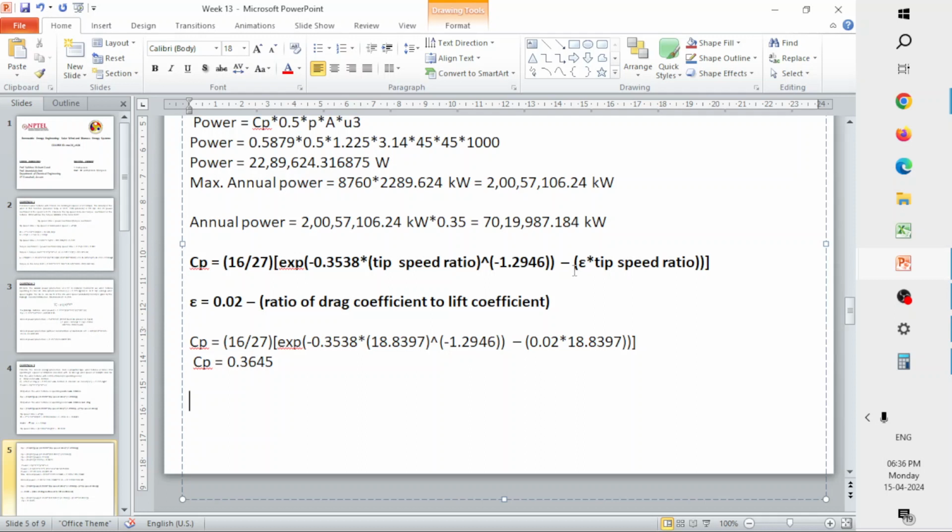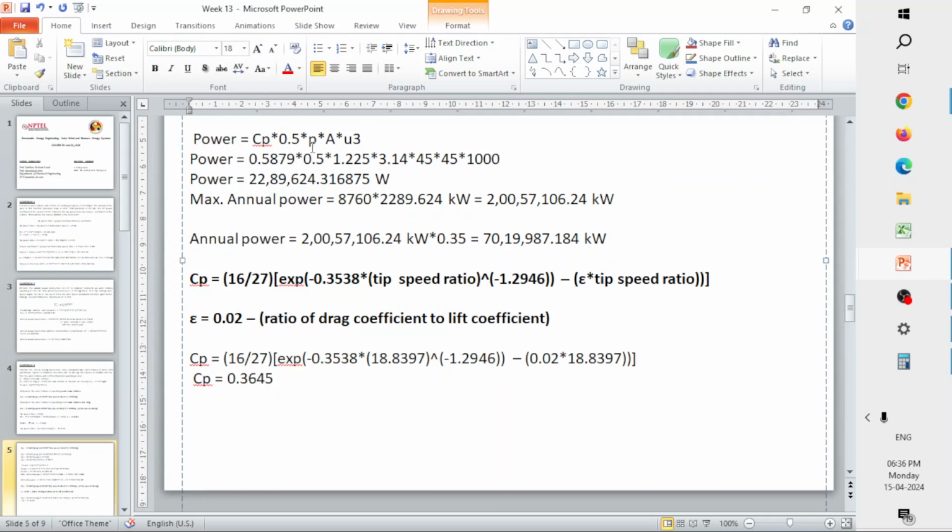Now same procedure, it's just that you need to vary this value of power.